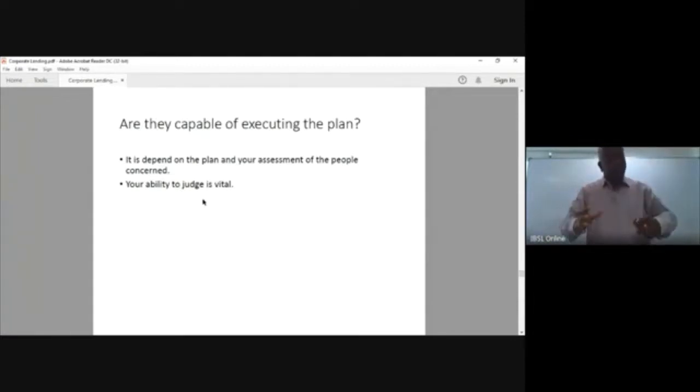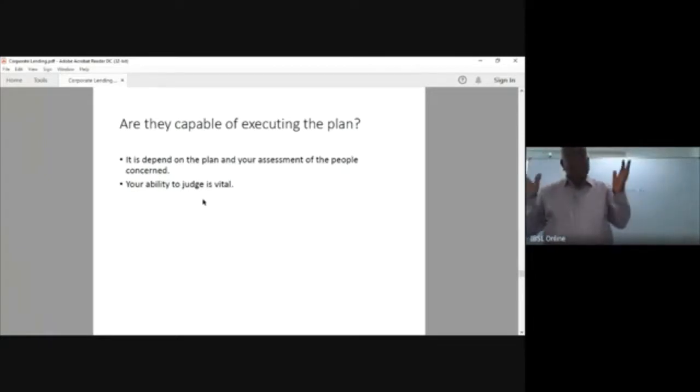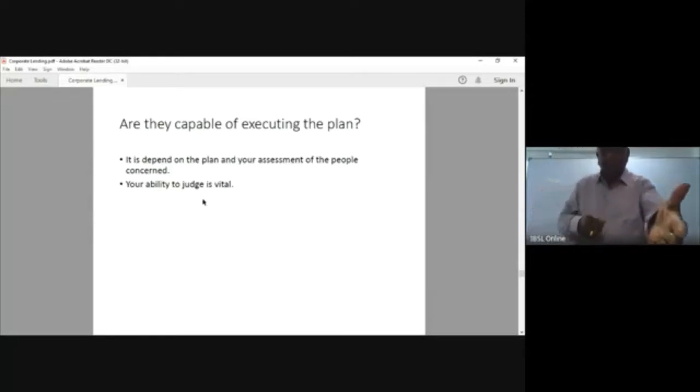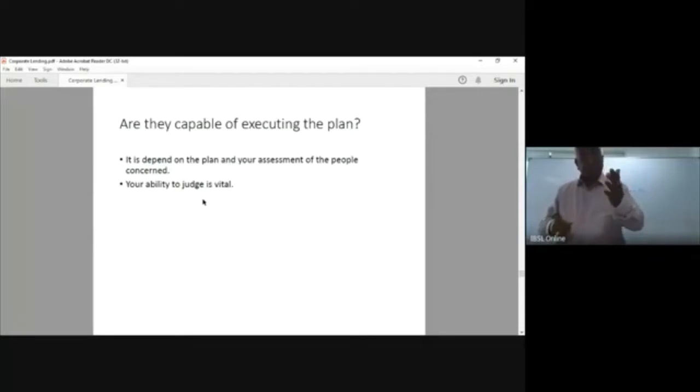So in any company, you must see whether there is a succession plan. Finally, you have to assess the management. It is very, very important. So many things I have told you about assessing the management. You will look at it and you will decide. As I told you, your ability to judge the management of the company is very, very vital.